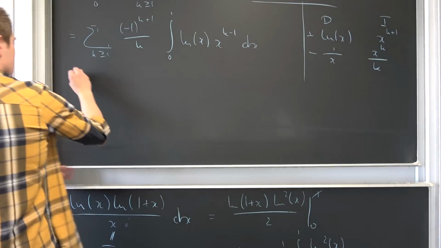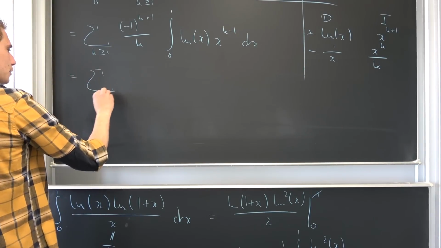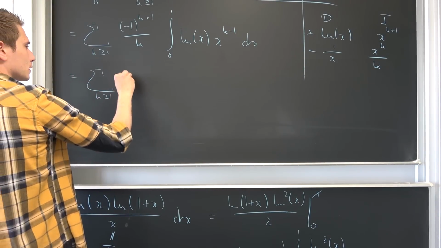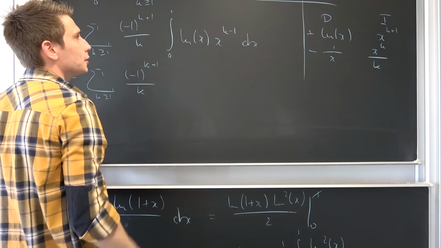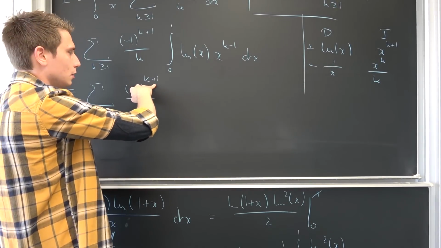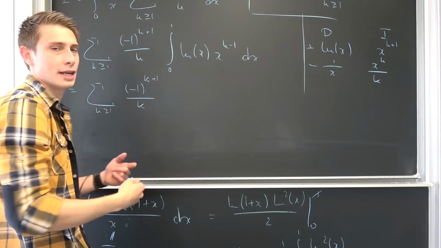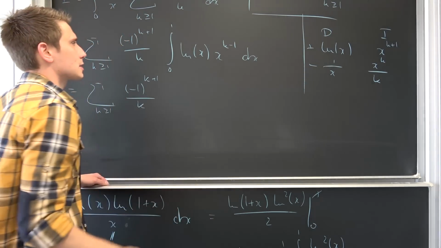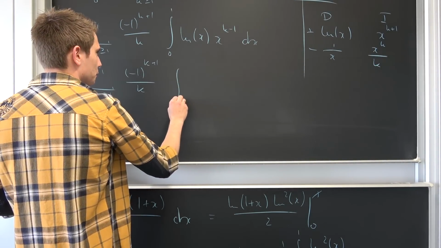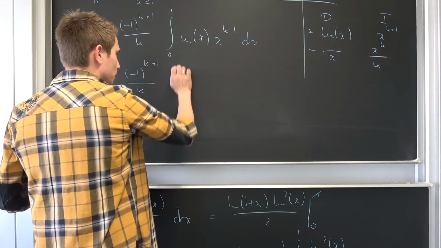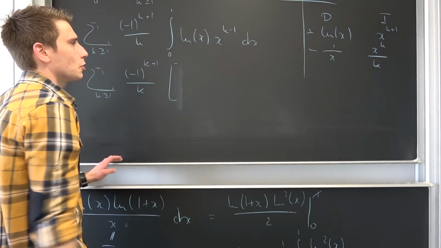Okay, let me see where this is going to get us. Infinite sum of negative 1 to the k plus 1th power over k. You can also do negative 1 to the k minus 1th power. It really doesn't quite matter right here. And then we are going to have integral from 0, no, we are doing integration by parts, I'm terribly sorry.